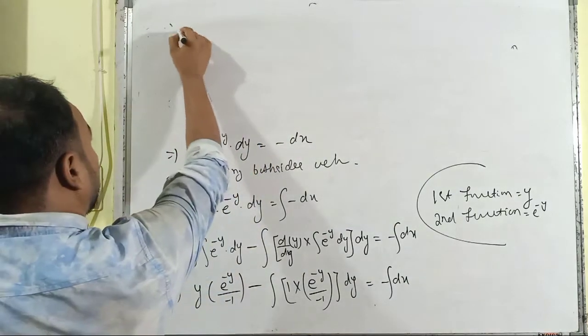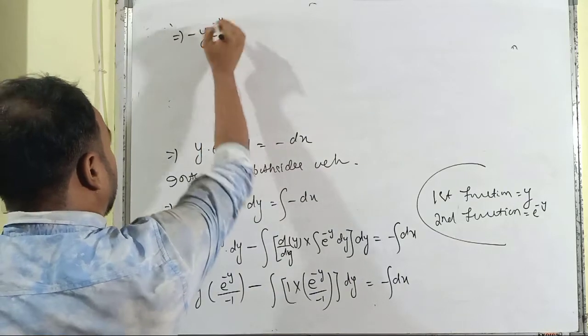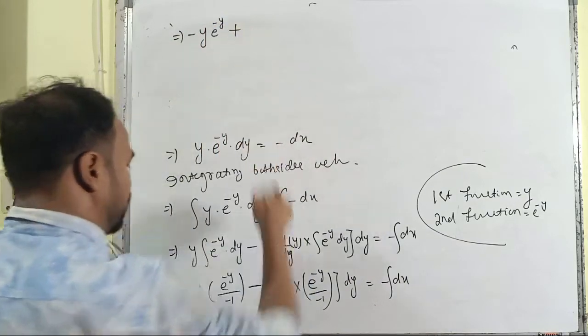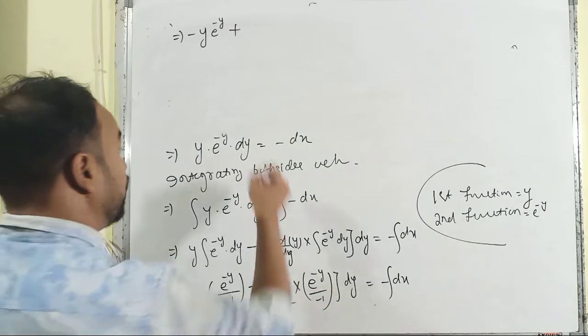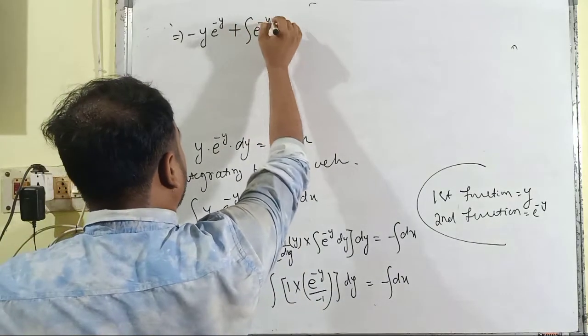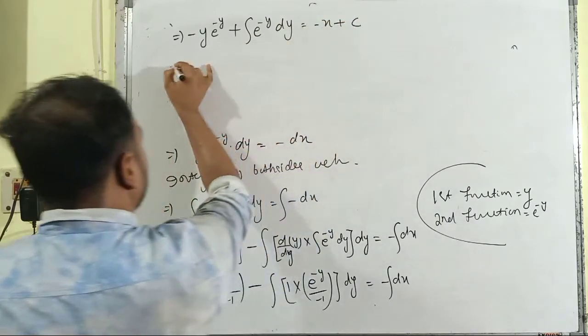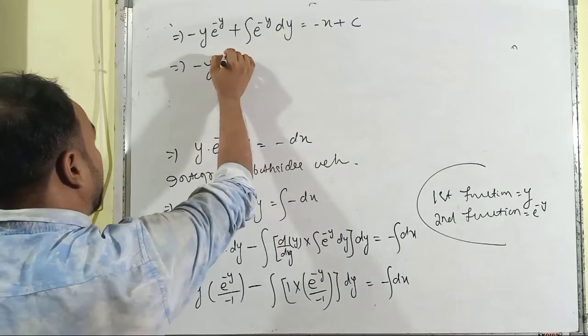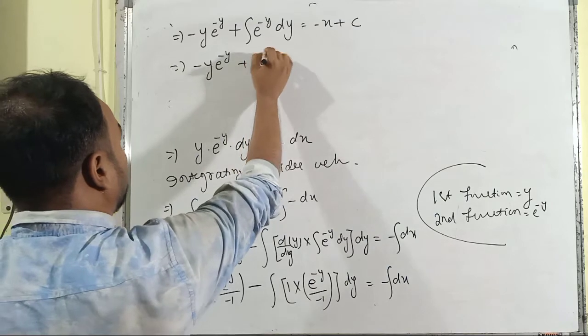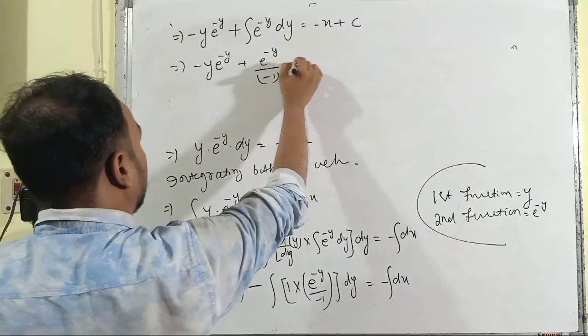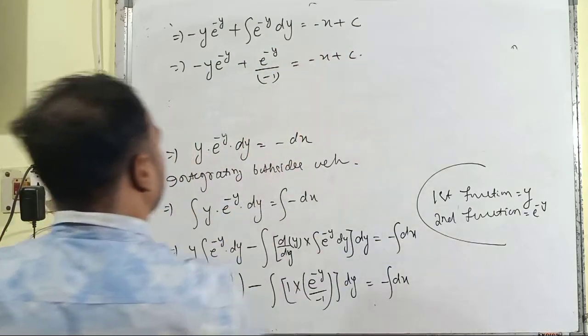It will be minus y e to the power minus y plus, here it becomes plus, then integral of e to the power minus y dy is minus x plus c. Then minus y e to the power minus y plus e to the power minus y divided by minus 1 is minus x plus c.